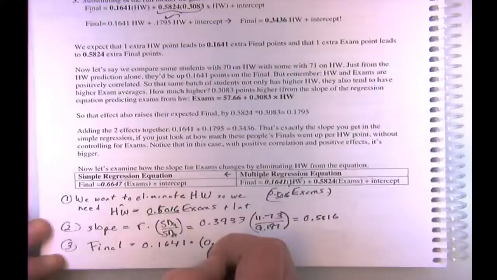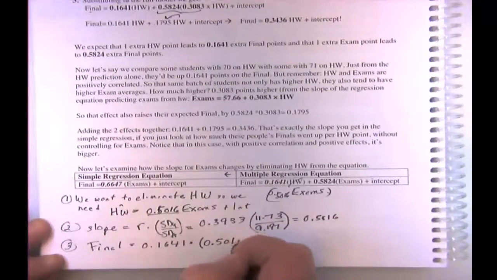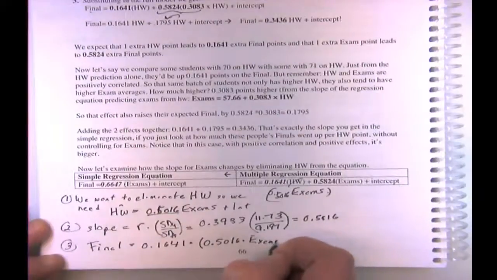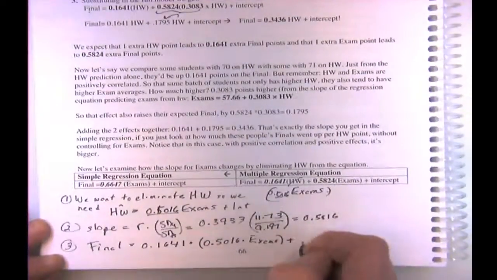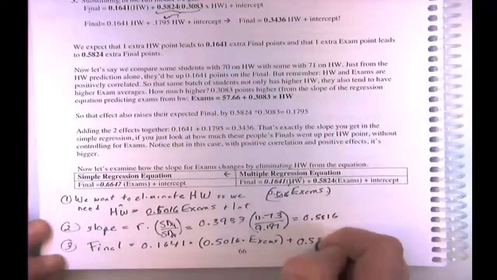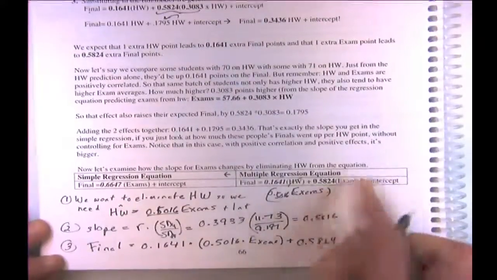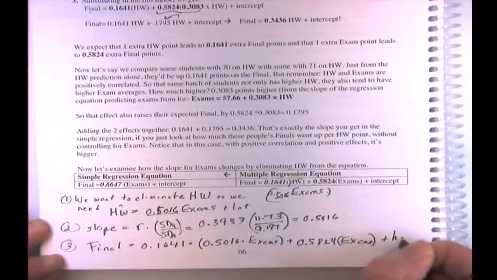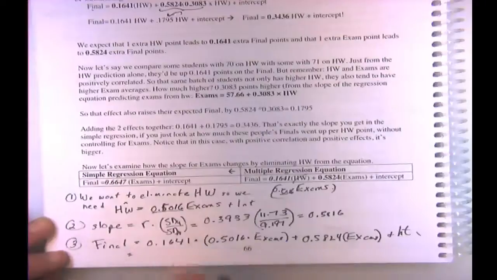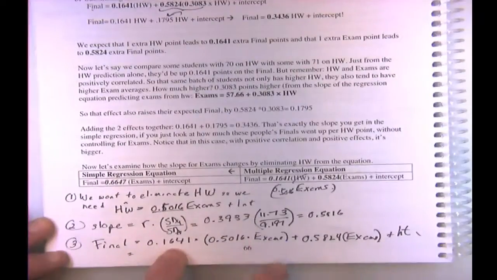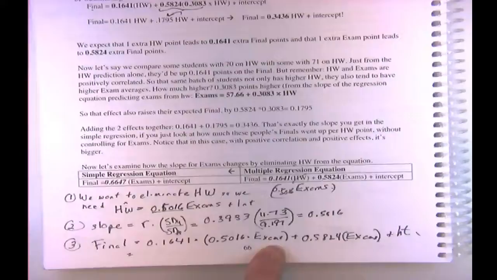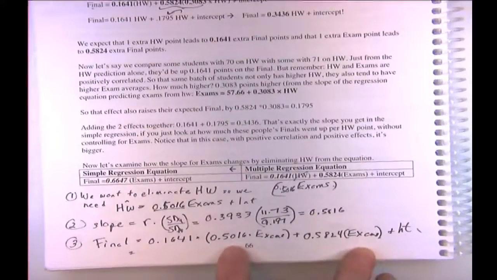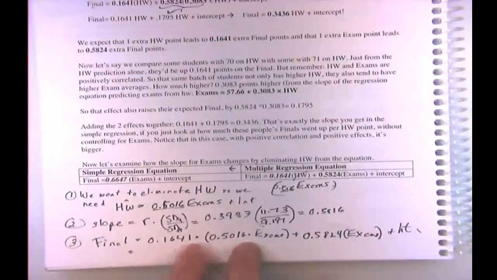Times 0.5016 times exams, plus 0.5824 times exams, that doesn't change, plus the intercept. So we get this, excuse me, I don't want exams squared here. I just want, oh no, this is right, this is separate. Okay, I'm good.